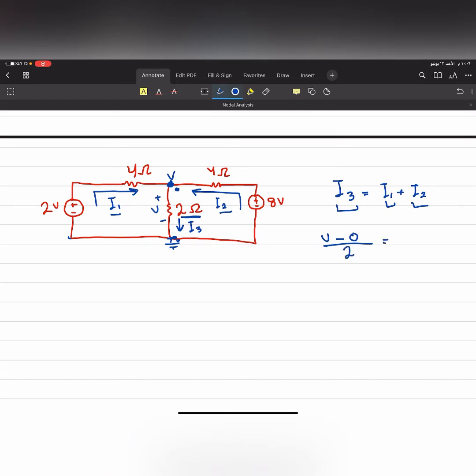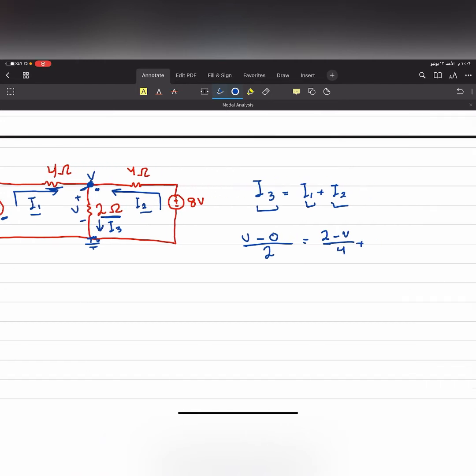That's equal to I1. I1 is equal to the voltage here minus this one over this one. It was equal to 2 minus V over 4 plus the voltage here, which is, look at the arrow. The arrow starts from here, ends here. So 8 minus V. Okay, don't say V minus 8.